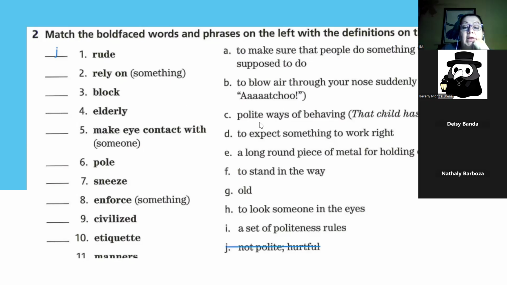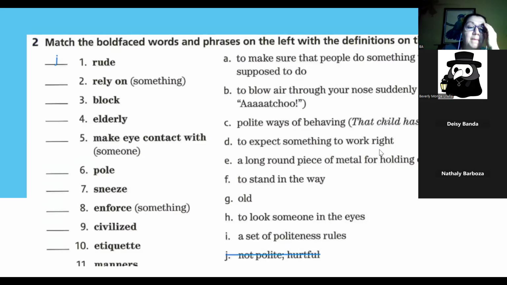Okay. To expect something to work right. Rely. To rely on. To expect something to work right is to rely on. Confiar. To rely on is to confiar. A long, round piece of metal for holding on to. Pole. A pole. To stand in the way.